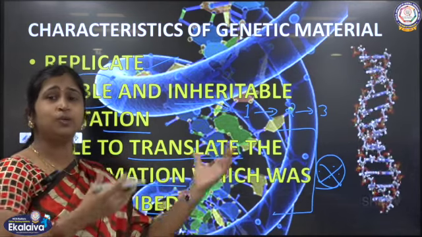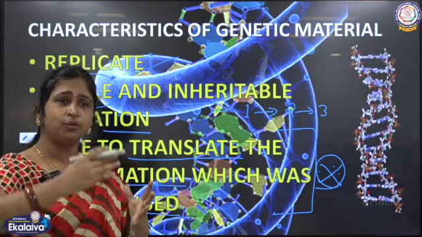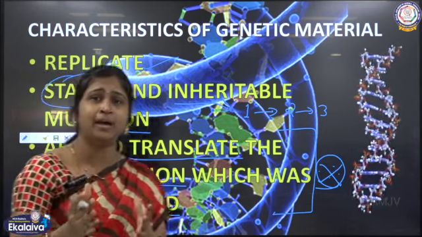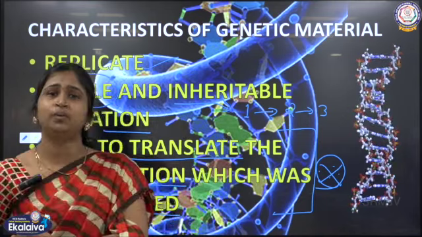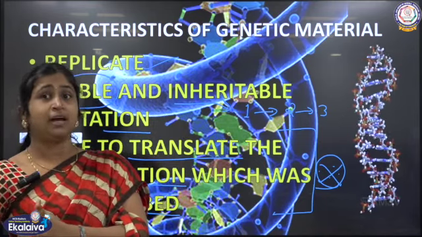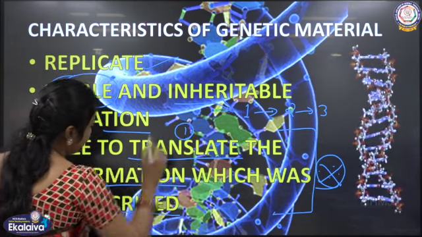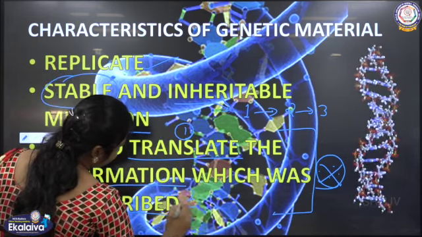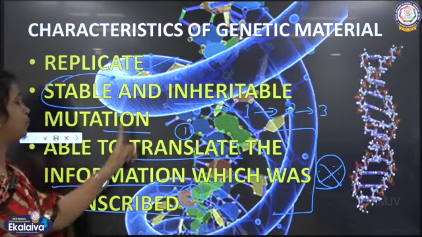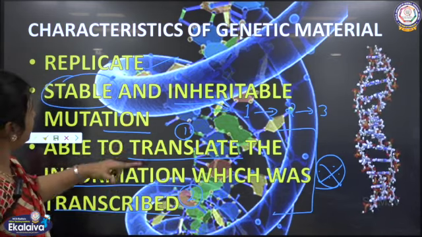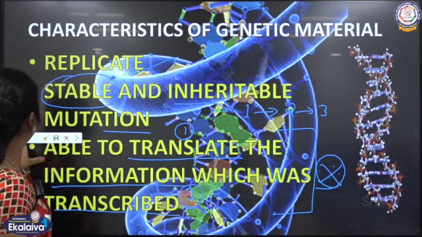This DNA is going to copy the message, which we call transcription, copying by mRNA, and it goes to the next step, protein formation, which we call translation. So both transcribe and translate the message. We are going to see this one after the other.